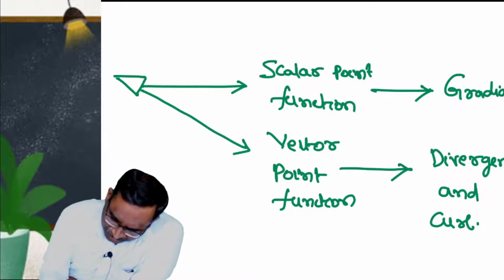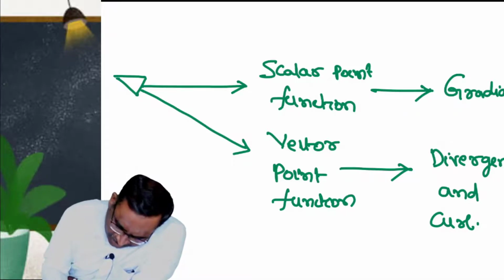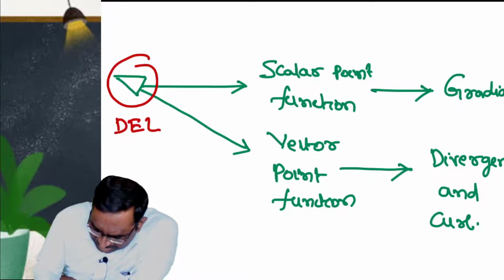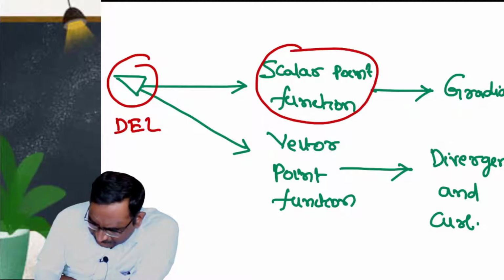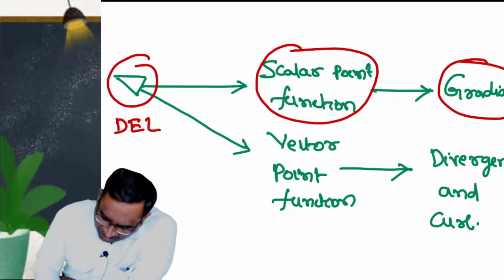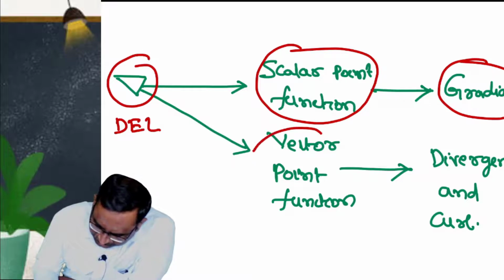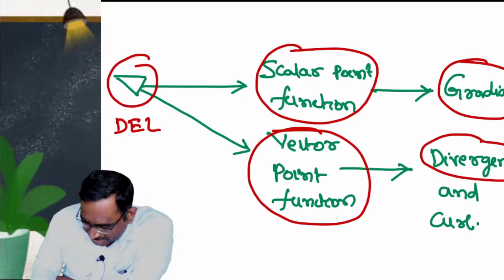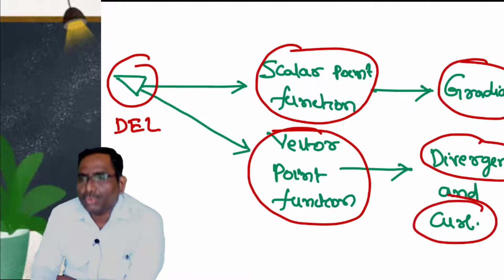So, when we apply the operator del on the scalar point function, we are going to get the gradient. When we apply the del operator on a vector point function, we are going to get divergence, also curl.